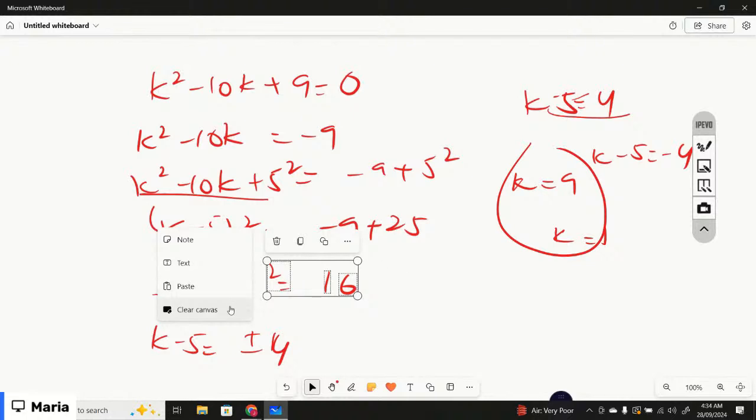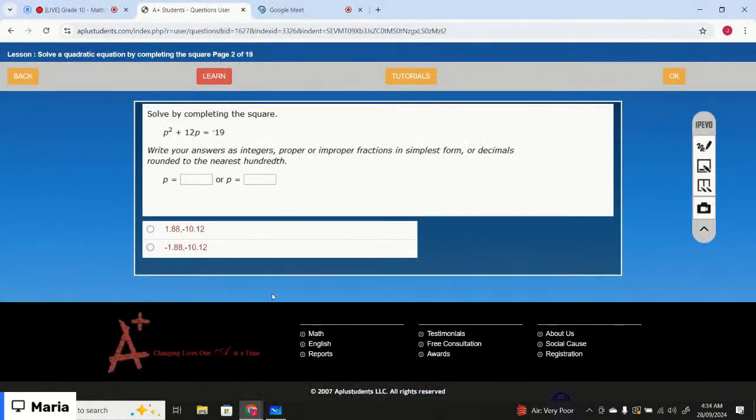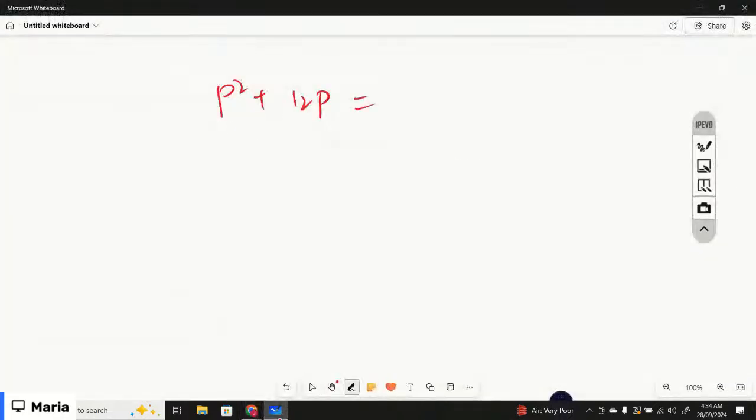Okay, p square plus 12p equals negative 19.